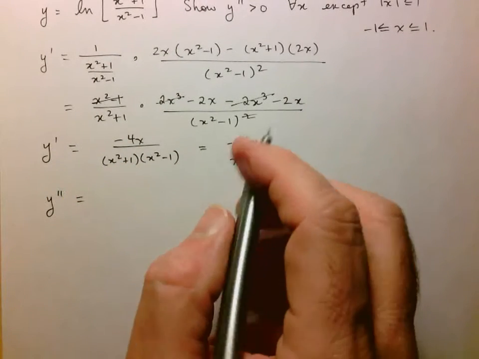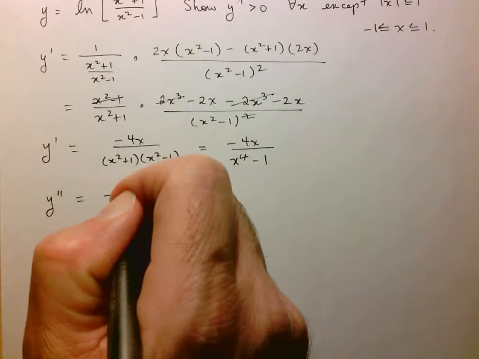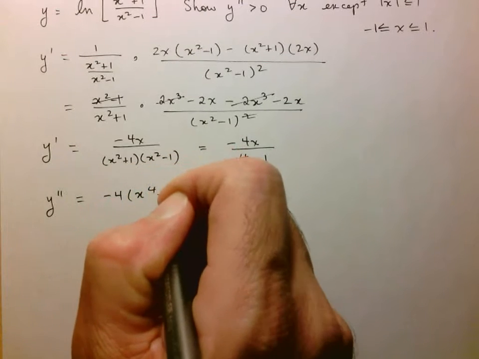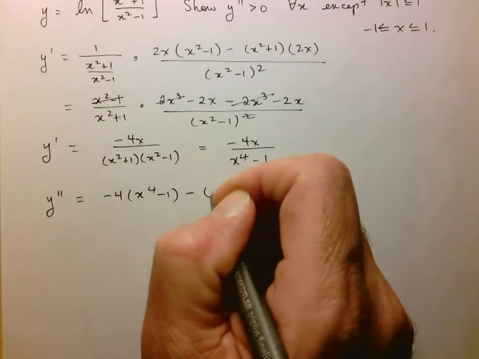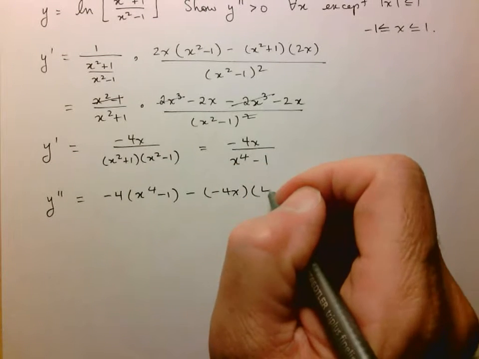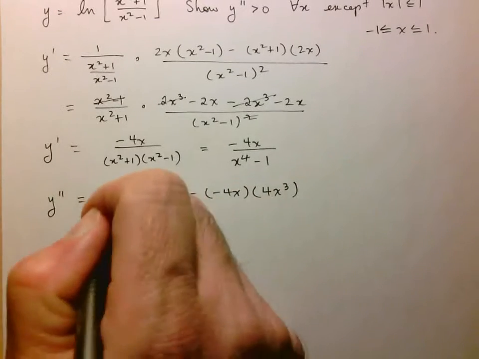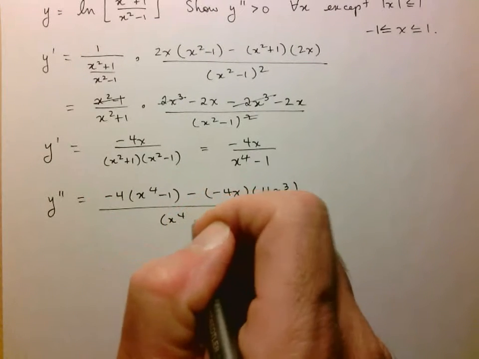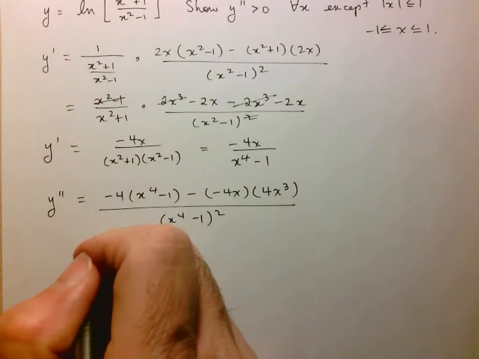Use the quotient rule again. The derivative of the numerator, negative 4, times the denominator function, minus the numerator times the derivative of the denominator function, which is 4x cubed, all over (x to the 4 minus 1) squared.